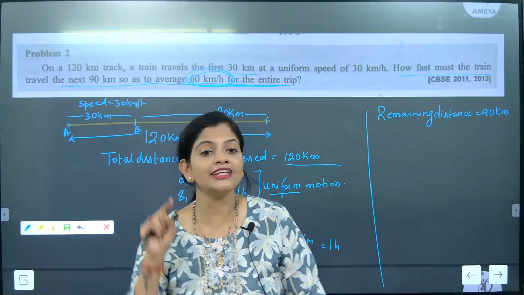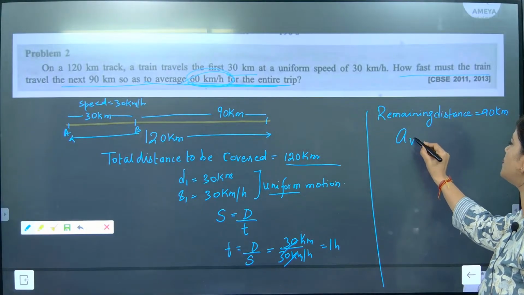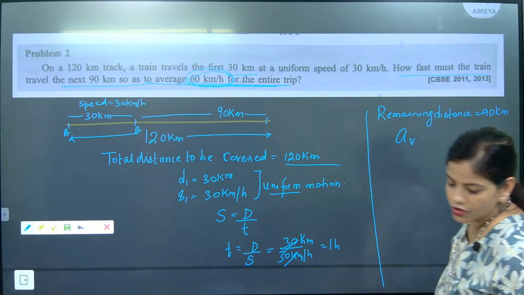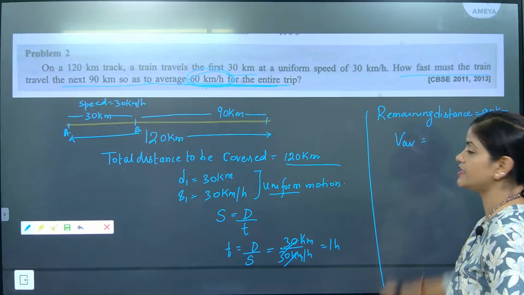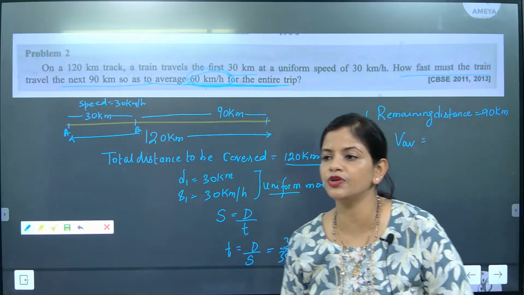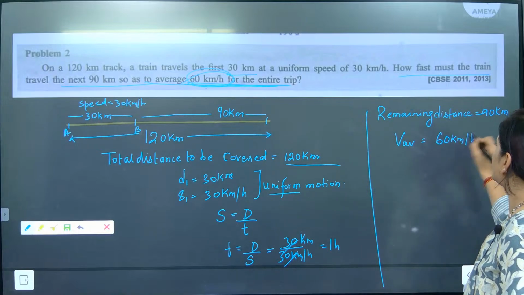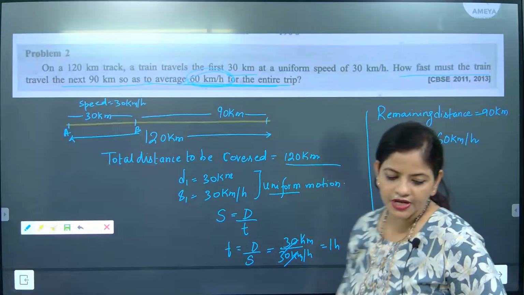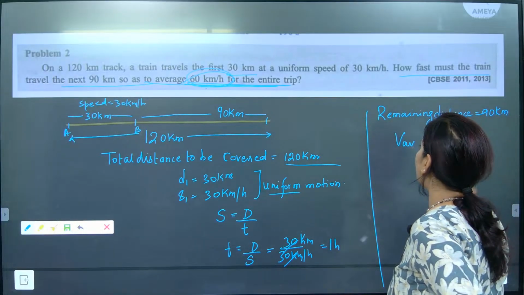It is average speed. It is not the speed, it is average speed, average velocity. What is the average velocity given to you? 60 kilometers per hour. So write the formula for finding the time.